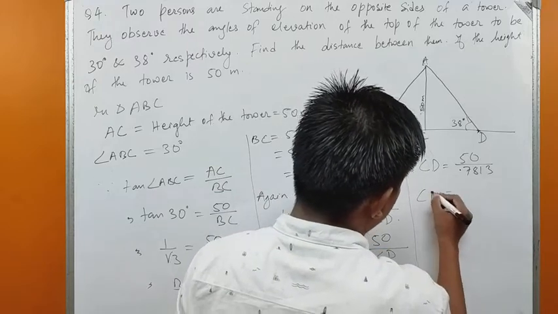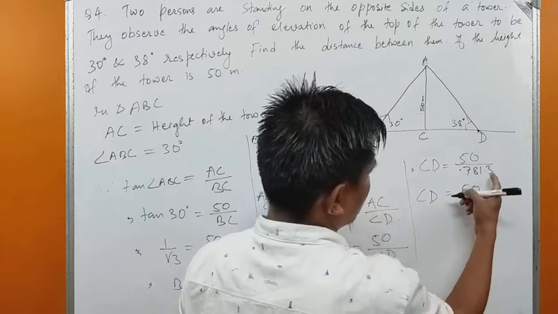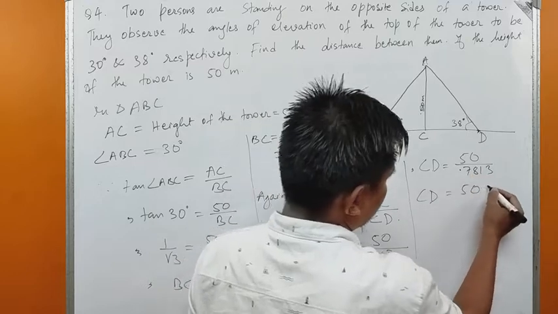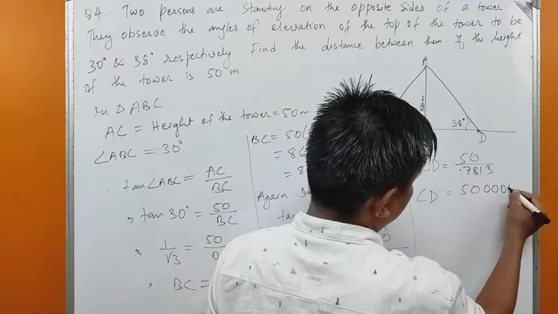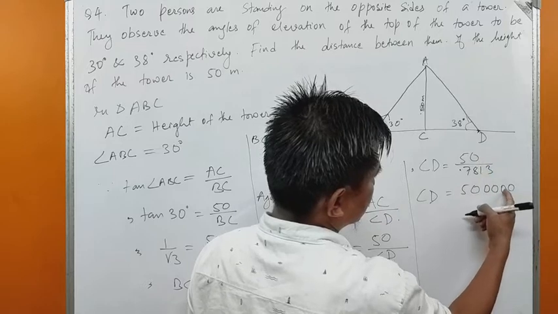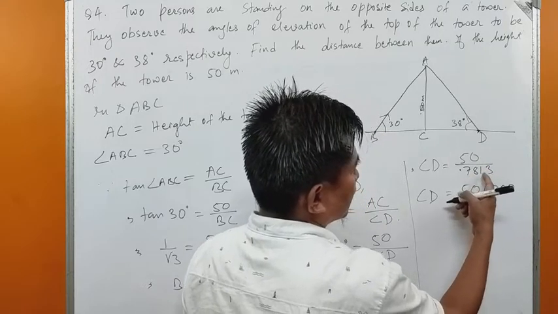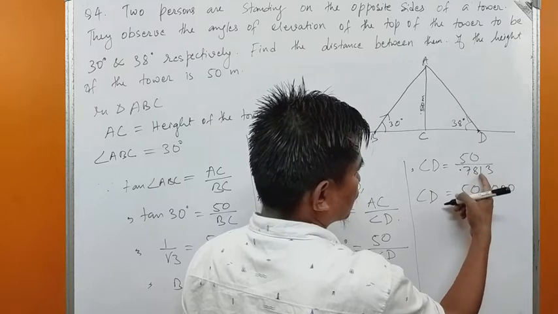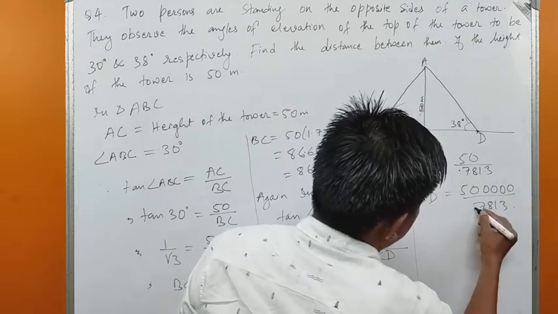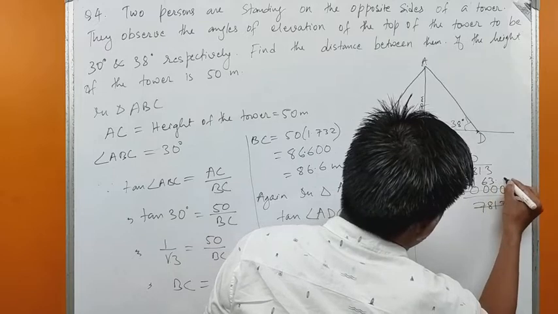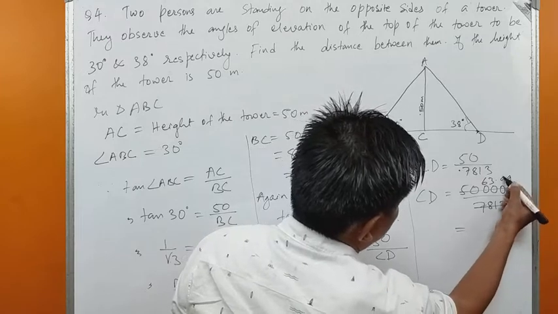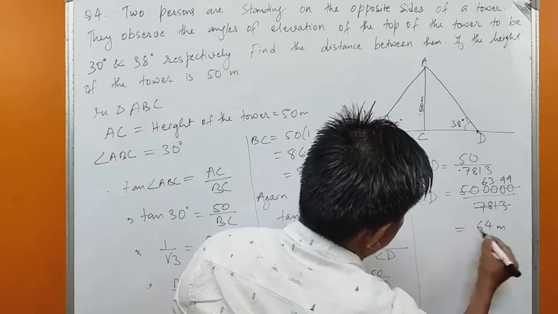So we write CD equals 500000 upon 7813. There is a decimal point before 4 digits, so we write 4 zeros, because we will remove the decimal point from 4 digits.